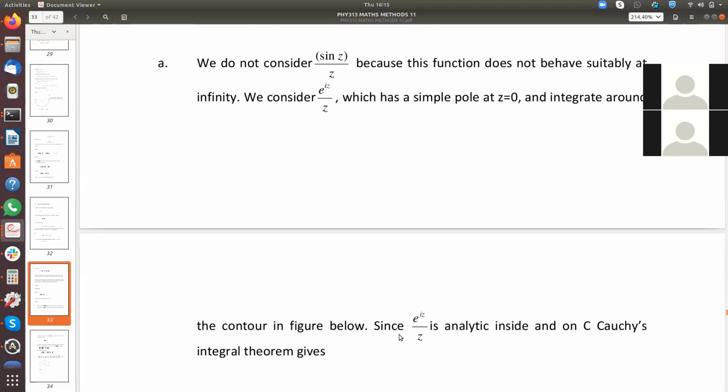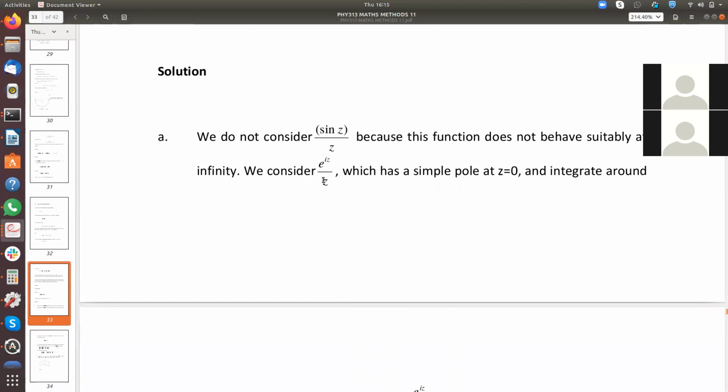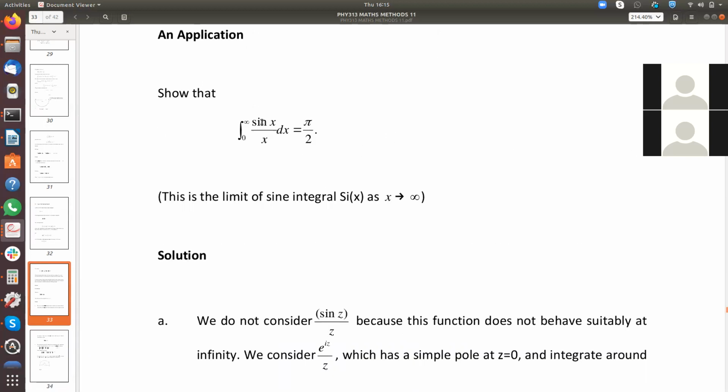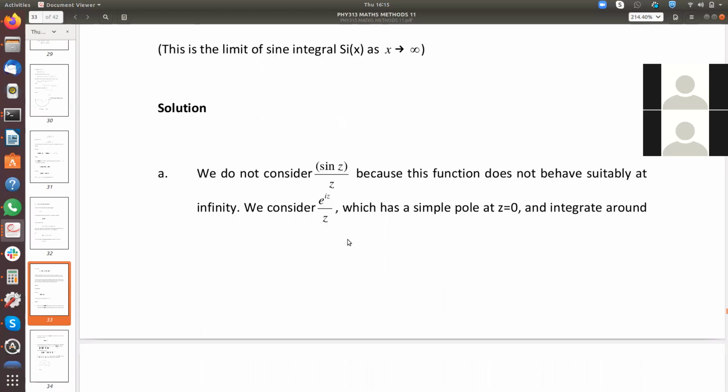Now what they have done here is that for this expression sin x, they have tried to express it as z in a complex format. And we know that exponential iz, which is Euler's formula, we can write as cos z plus i sin z. That's why they are saying that we can transform this to this and later assume that it has a simple pole at z equals 0.